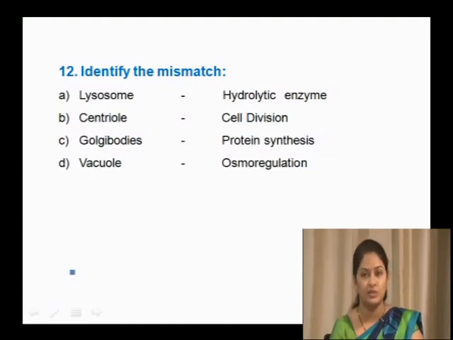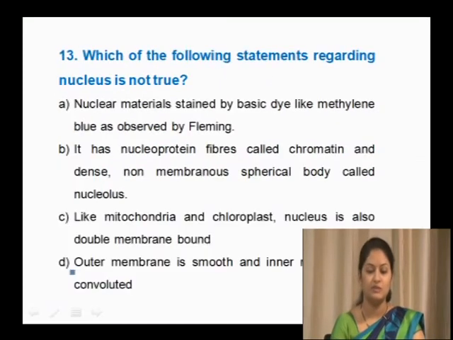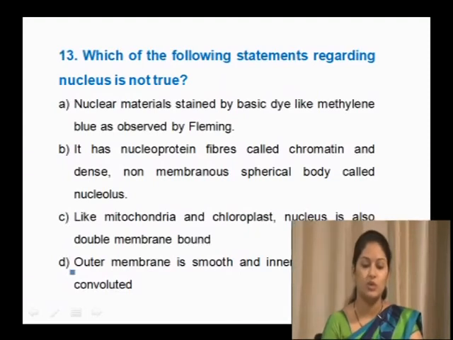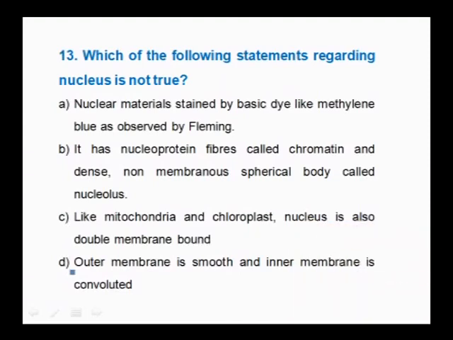Moving on to next one. Which of the following statements regarding nucleus is not true? A, nuclear material stained by basic dye like methylene blue as observed by Fleming. B, it has nucleoprotein fibers called chromatin and dense non-membranous spherical body called nucleolus.